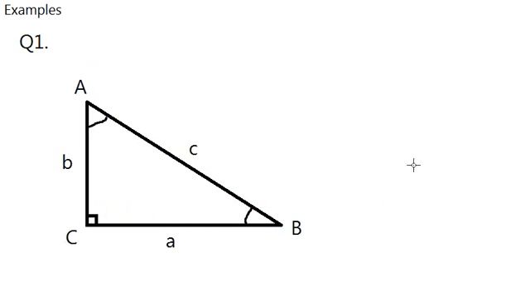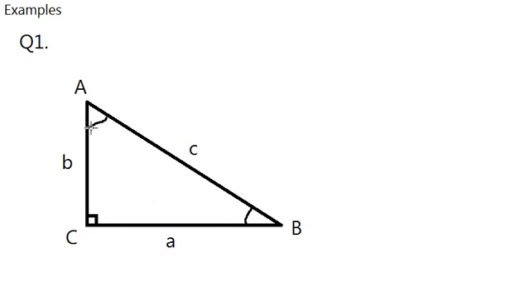So for the first example, I have a classic right-angled triangle, and I encourage you to label each of these corners A, B, and C for each separate triangle, and this will be quite good as long as you understand the theories behind.